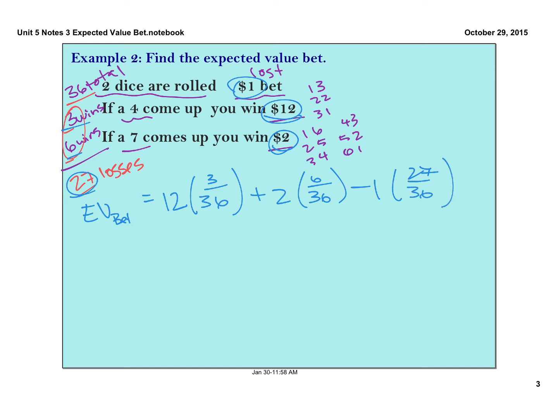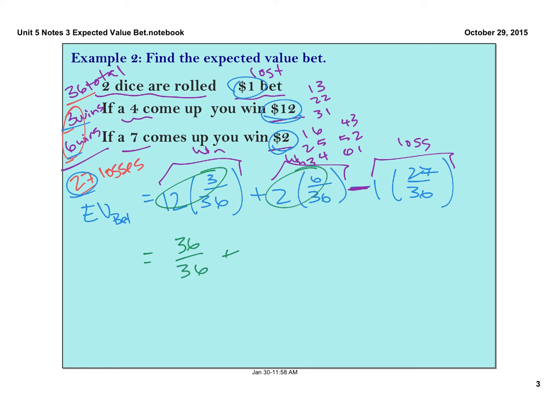So this is a win, this is a win, this is your loss, so you have to subtract that away. Now if we look at this mathematically, 12 times 3 gives me 36, so I have 36 out of 36, plus 2 times 6, which is 12 out of 36, minus 1 times 27, which is 27 out of 36.